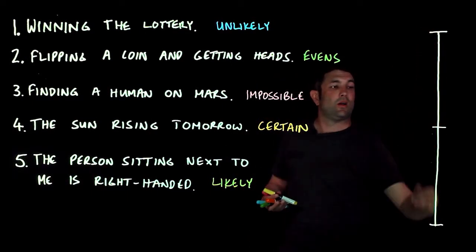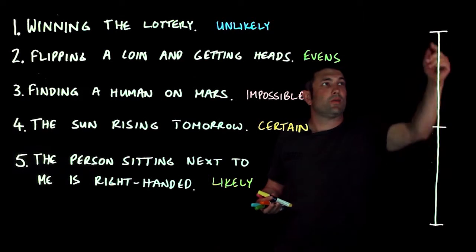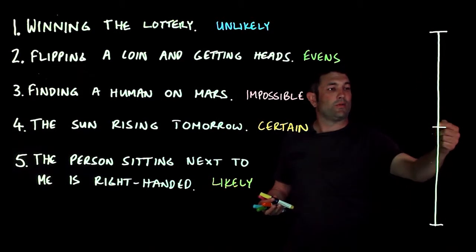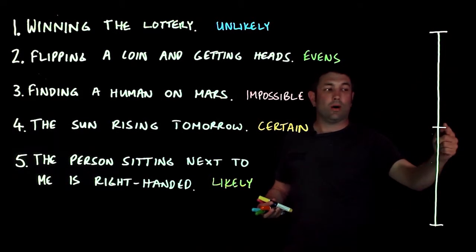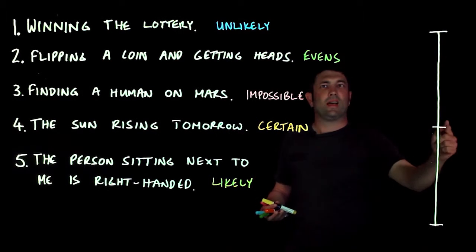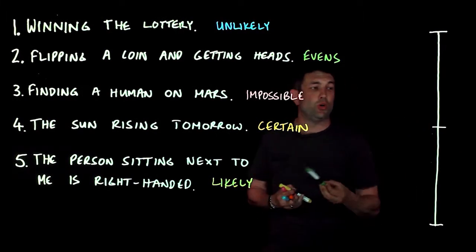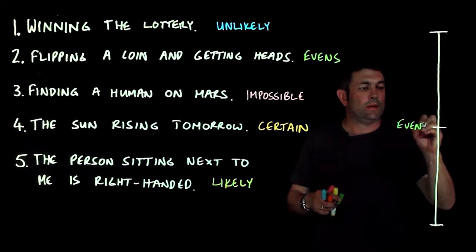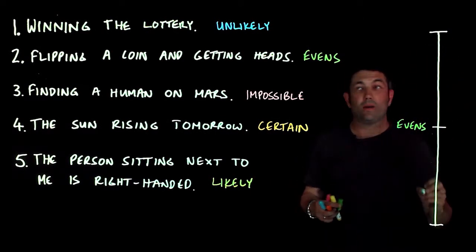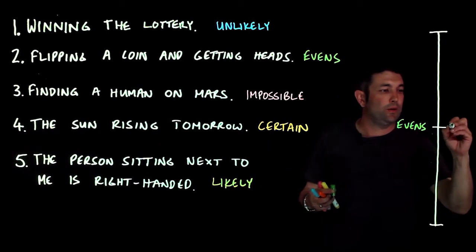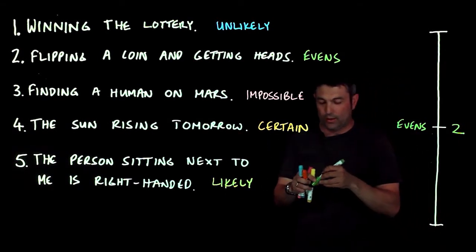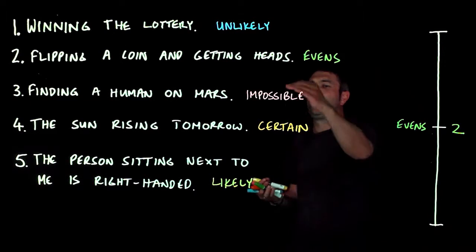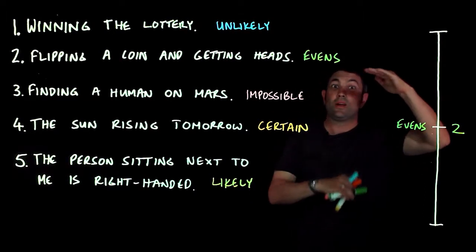Now, I've drawn this line down here, and I've got the ends marked and I've got the middle marked. The middle is where I'm going to get an even chance. So number 2 is evens, and that's going to be halfway because I either get heads or tails. So number 2 is going to go there. Now if I look at impossible and certain, they're totally opposite each other.